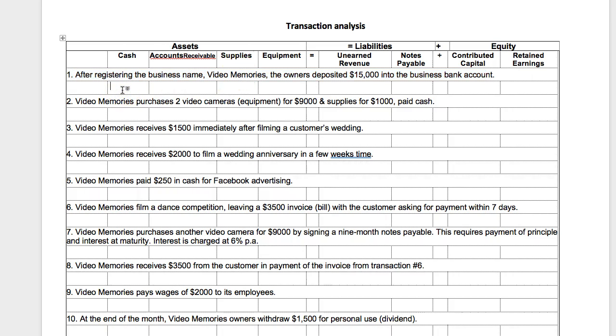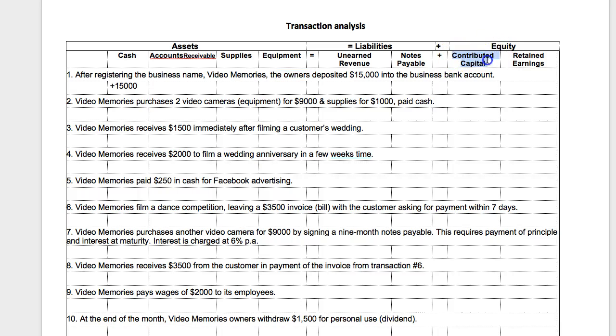First of all, the owner is depositing cash into the business bank account. So the cash in the business is going to increase. We could put a plus there. And then we think, okay, if the cash has increased, where did this cash come from? It's come from the owners. So this will be part of your owner's equity.